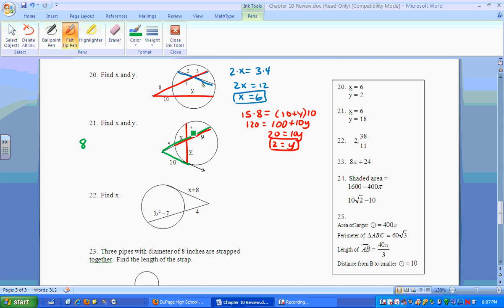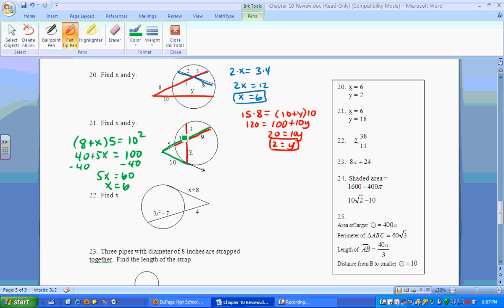So that's 8 plus x times the outside of 5 equaling the tangent, which is 10 squared. That's 100. 40 plus 5x, minus the 40 over, 5x is equal to 60. So x ends up equaling 6.